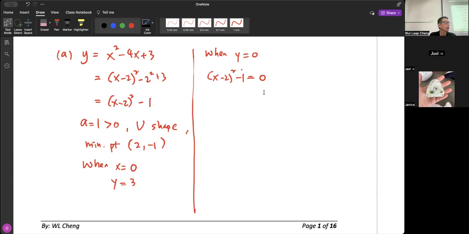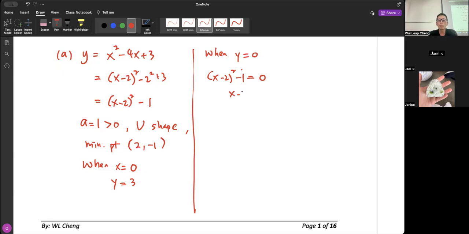There are two values there. You're trying to get the point then? Then what? How to continue? You're still thinking about it. x equal to 3 and x equal to 1. Is it correct?